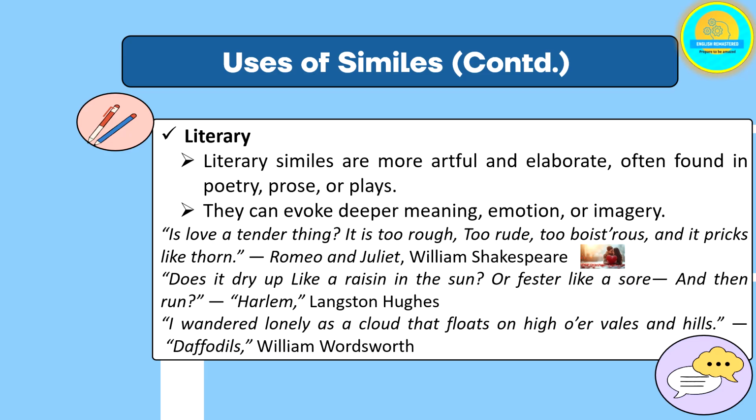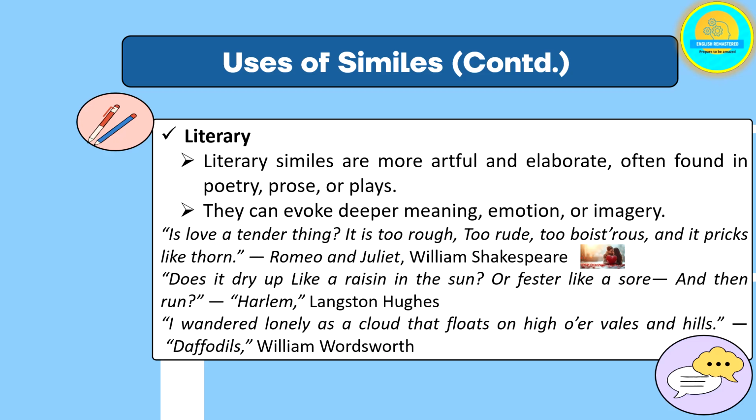Literary similes are more artful and elaborate, often found in poetry, prose, or plays. They can evoke deeper meaning, emotion, or imagery. In Romeo and Juliet, William Shakespeare says, "Is love a tender thing? It is too rough, too rude, too boisterous, and it pricks like thorn."